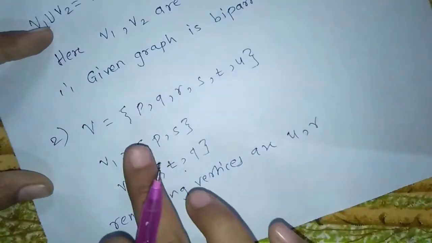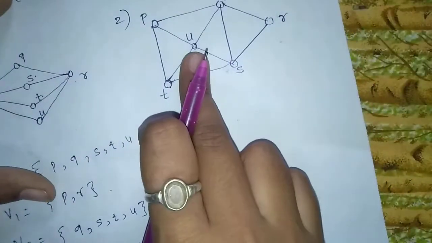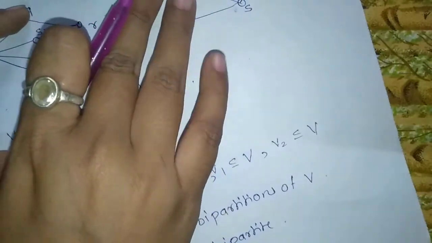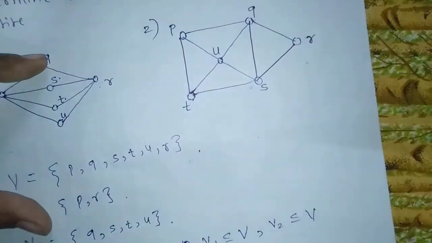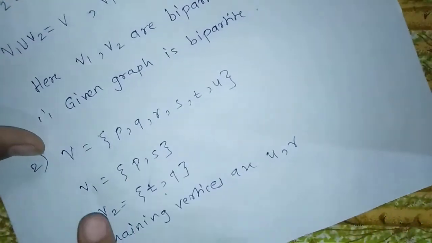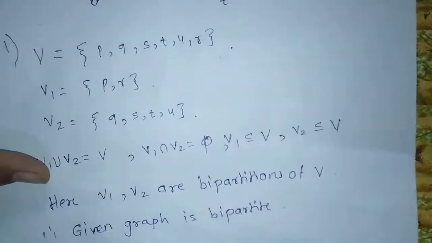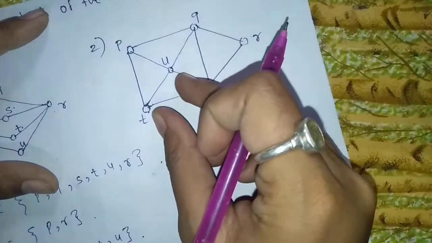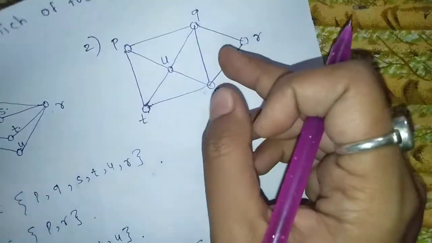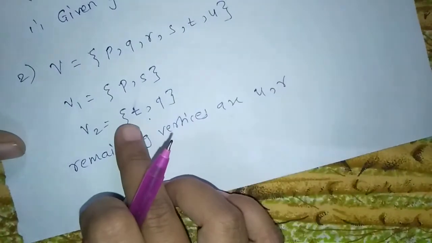If we put U in V1, you can see that there is an edge between P and U. So we cannot put U in V1. If we put U in V2, you can see that there is an edge between T and U. That's why we cannot put U in V2.